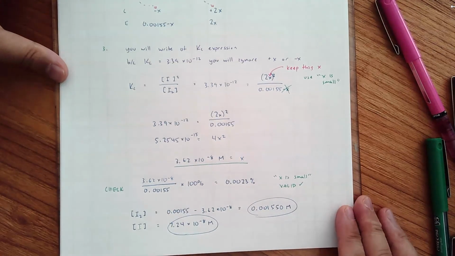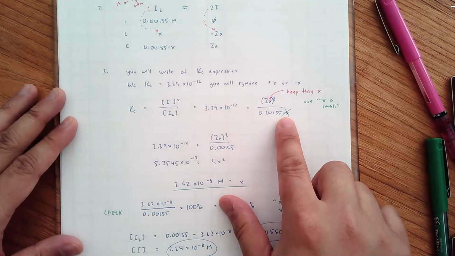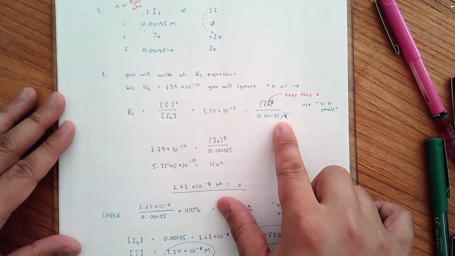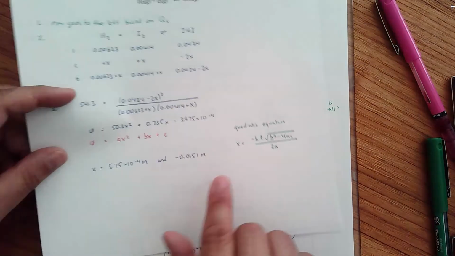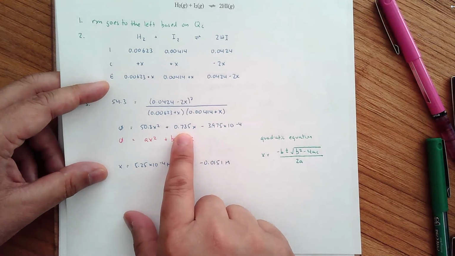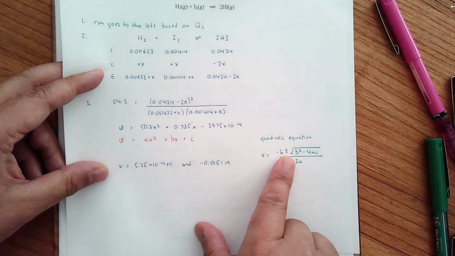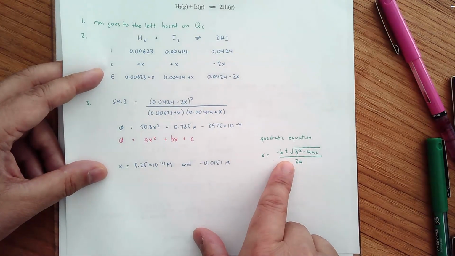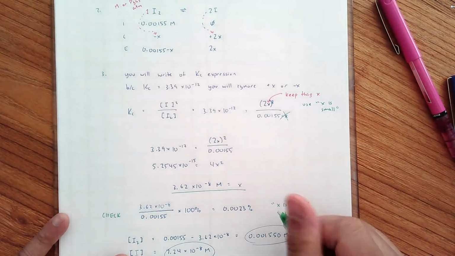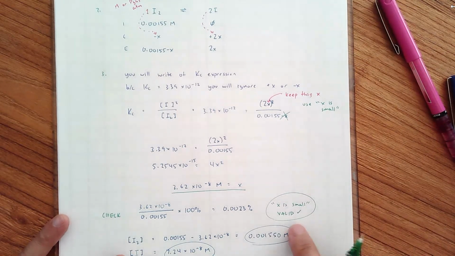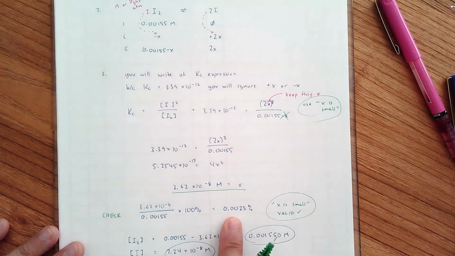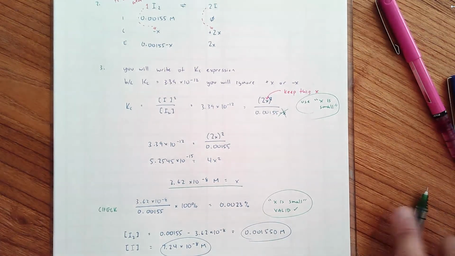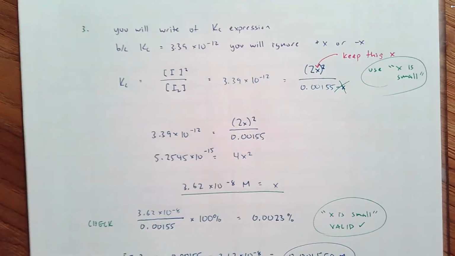It is still a bit of work, but by removing this minus X, we avoid the quadratic equation. We avoid having to expand everything in solving for X using the quadratic formula. And we also made sure that we validated that approximation.